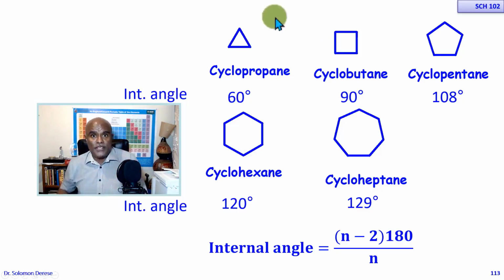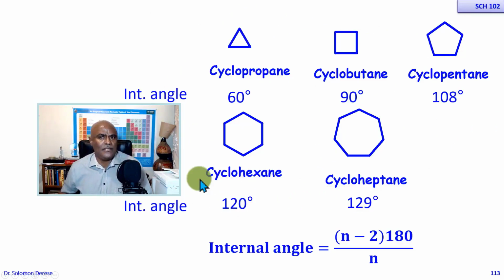So based on this, cyclopentane is the most stable, while cyclopropanes and cyclobutanes are unstable because their bond angle is below 109.5, whereas cyclohexanes and cycloheptanes and the larger cycloalkanes are less stable because their bond angle is greater than 109.5 degrees. How is this observation related to experimental data?